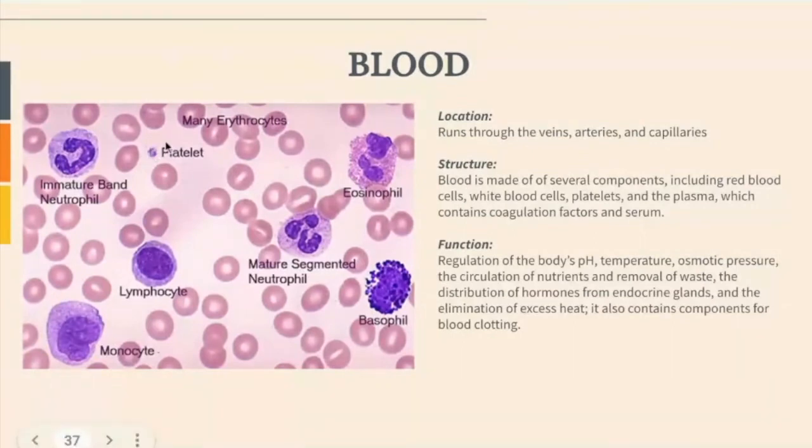So these are the components of blood. What blood does is regulate the body pH and temperature, control the osmotic pressure, circulate nutrients, remove waste, distribute hormones, and eliminate excess heat. It also contains components for blood clotting.